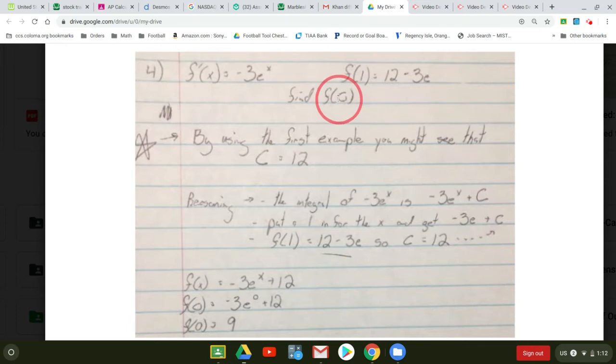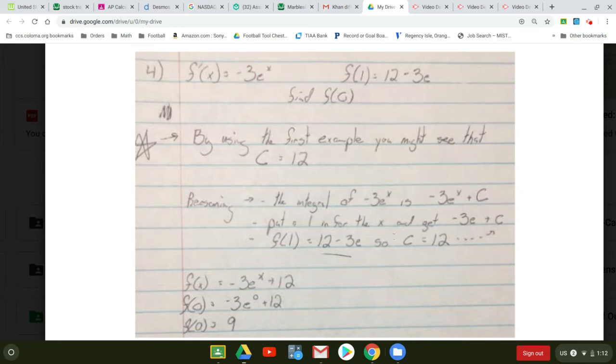Wouldn't it be a shortcut if we could just look at the problem and know what the c value is? Well, in this case, I think that we should just know what the c value is. Because the integral of negative 3 e to the x is just going to be itself plus c.